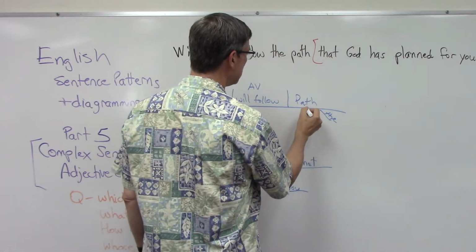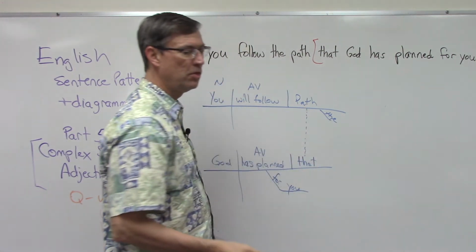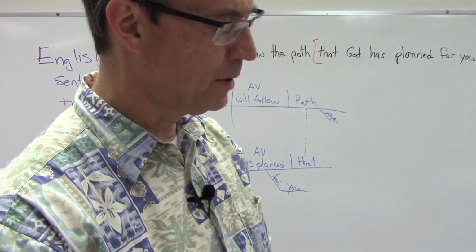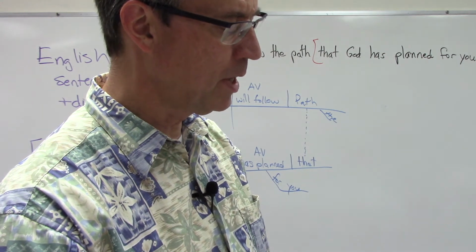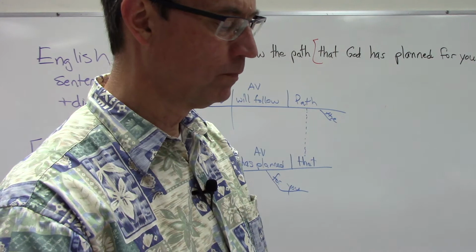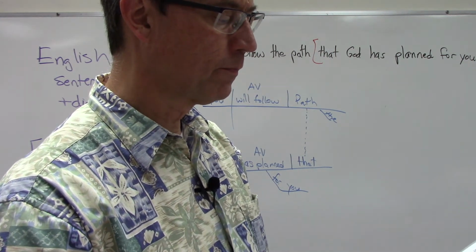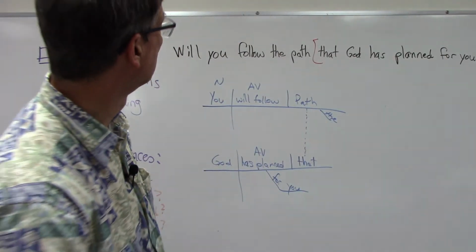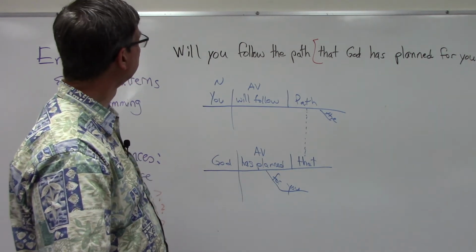We're going to do the dotted line from this noun to the word that. All right, and I'm just confirming that I didn't lead you astray. Okay. So there you go. That ties it in.